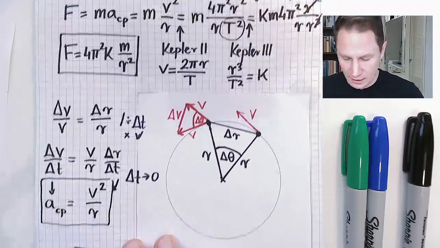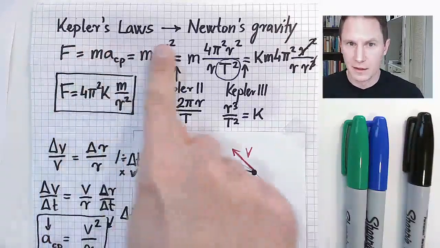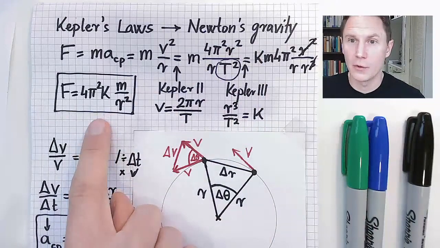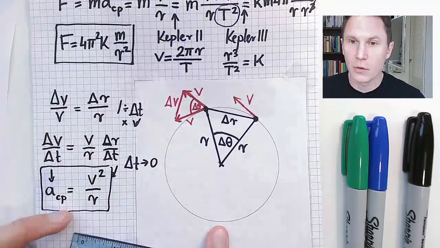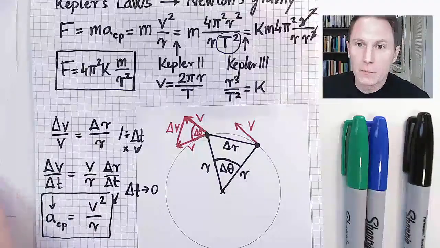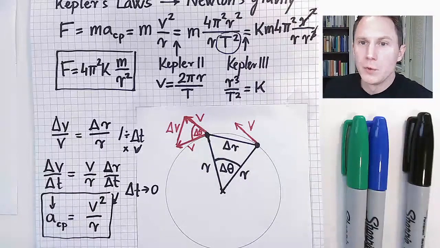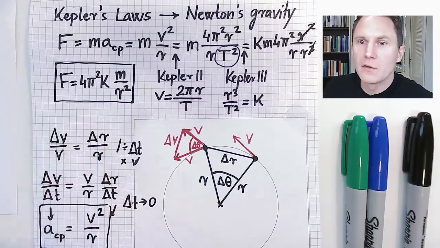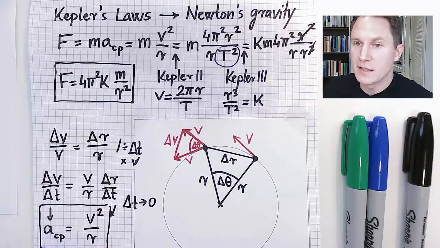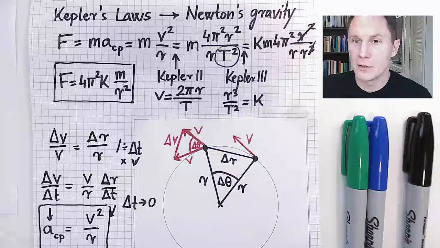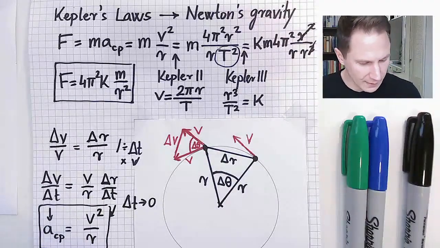So applying Kepler's laws can lead you to Newton's gravity, the inverse square law, in the very special case of circular orbits. And Newton's great achievement and great idea was to take this form of inverse square law and apply it to not just circular orbits, but basically all planets and all objects which have mass. This is why it's called the universal law of gravity.